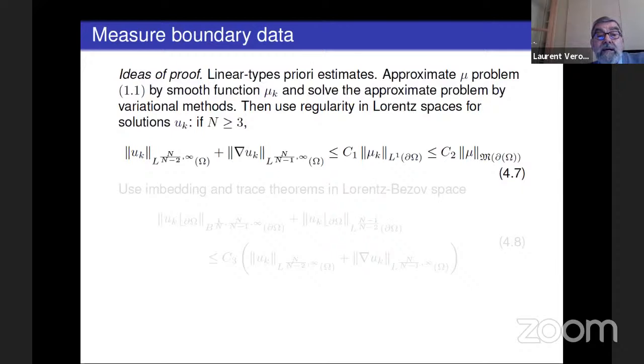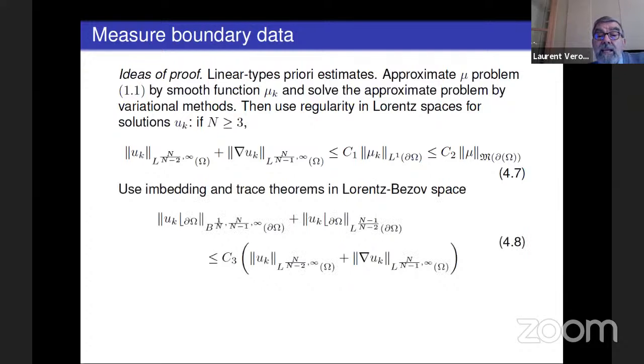And you have this type of estimate for the linear approximation: u_k in the space L n over n minus 2 infinity, plus grad of u_k in the space L n over n minus 1 infinity, is bounded by the L1 norm of the approximation and bounded by C2 times the norm of the measure.